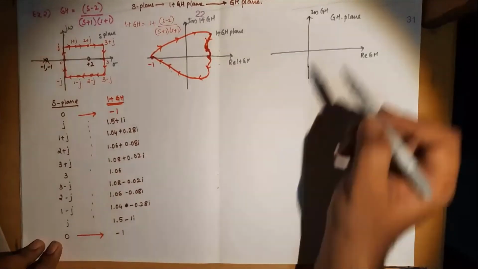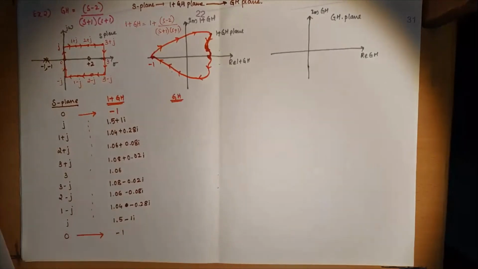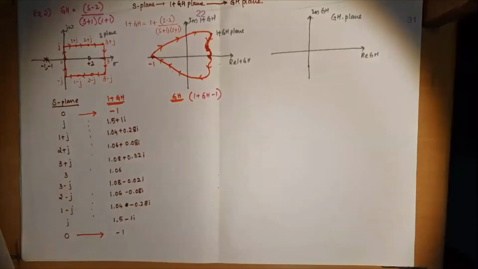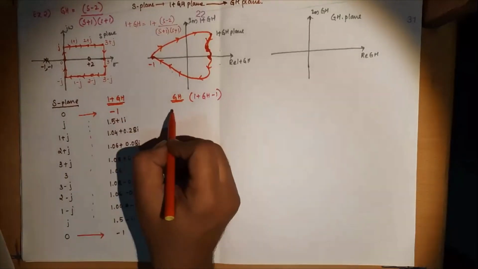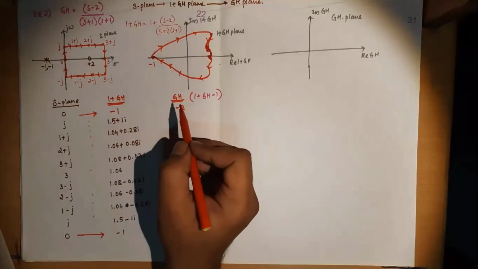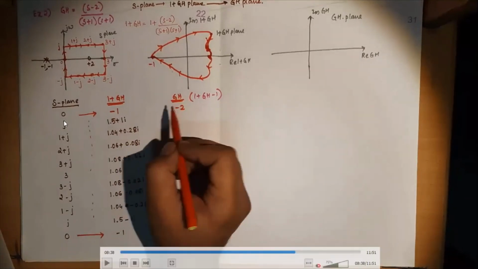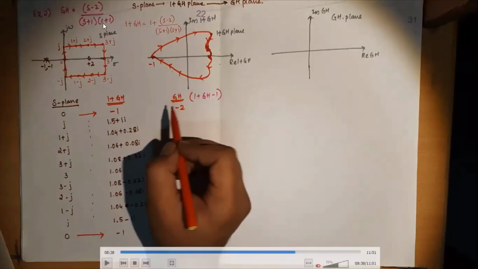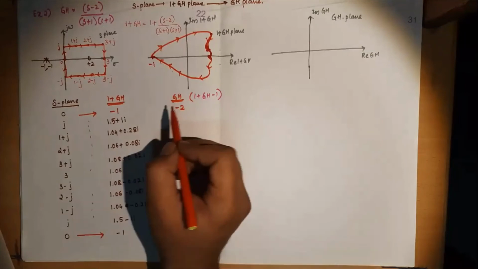So next, immediately go to the third mapping, that is for the GH plane. How do we get the GH plane? It is by subtracting -1 from 1 plus GH. So all the corresponding mapped points should be subtracted with -1. Cross verification: for the first point, if you substitute 0 here, 0 minus 2 divided by 0 plus 1 into 0 plus 1, so the starting point is -2.